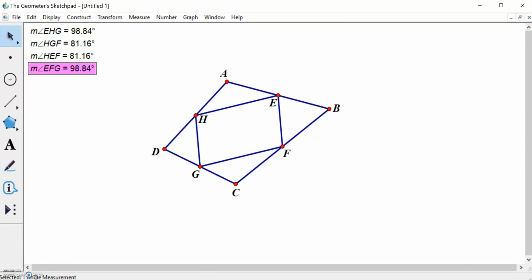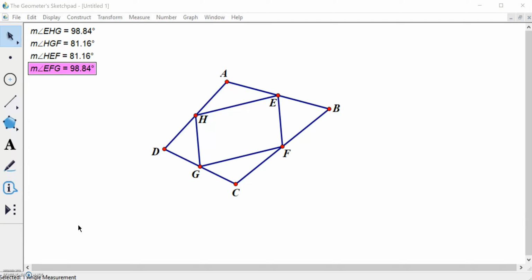When angles EHG and HGF are added together, they amount to 180 degrees. And using laws of parallel lines, we can determine that these two line segments will never intersect, furthermore justifying there exist two pairs of parallel lines.